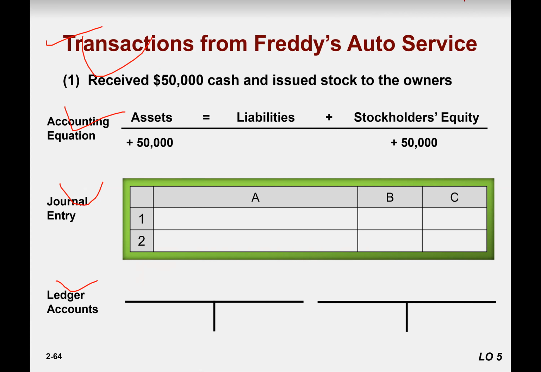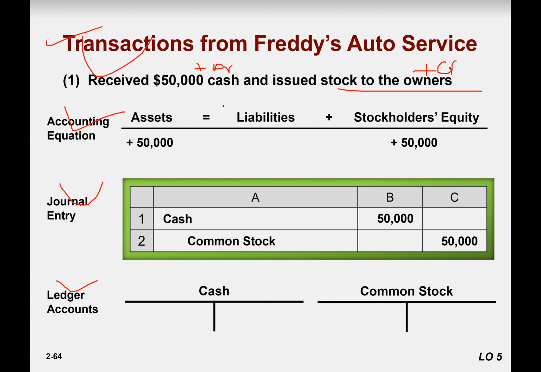So cash increase means debit, and common stock also increases, common stock increase means credit. So first we write the debit, which is cash 50,000, and to credit the common stock, right? And then we post it. How do we post it? We make a cash account here, cash T account. Here we go. So cash is debited.